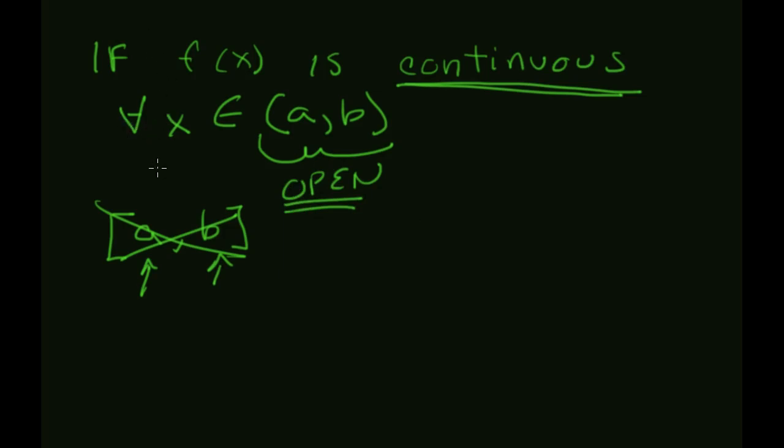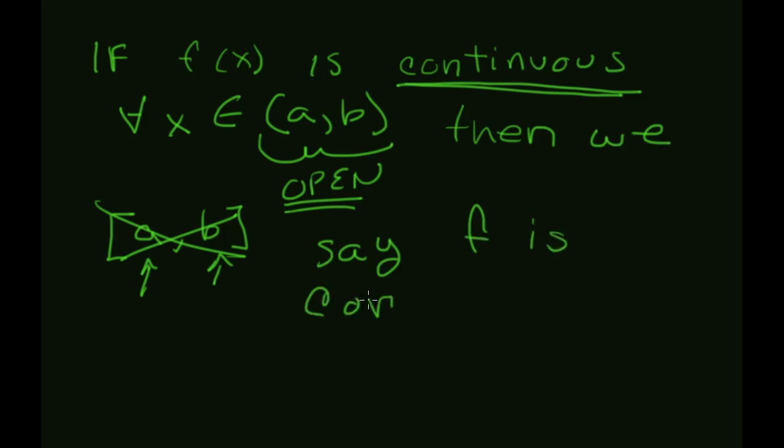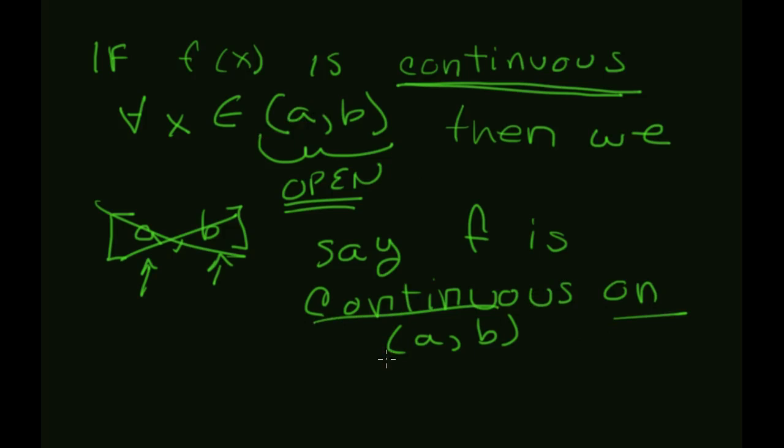So if f of x is continuous for every x on the open interval a to b, then we say that f is continuous on (a, b). Okay, so if f is continuous at every point along the interval, then f is continuous on the interval.